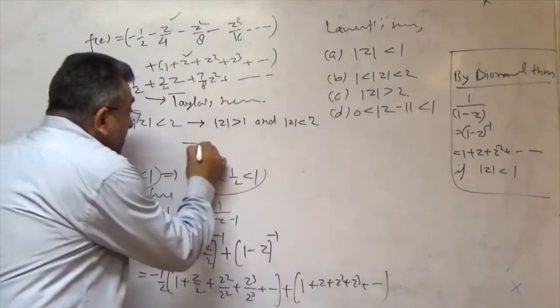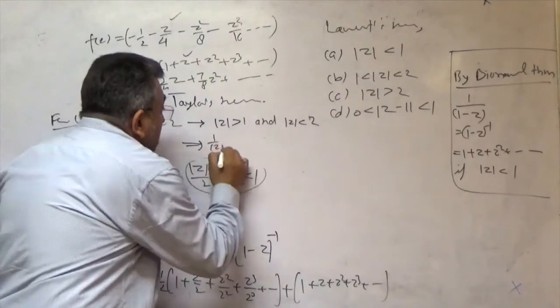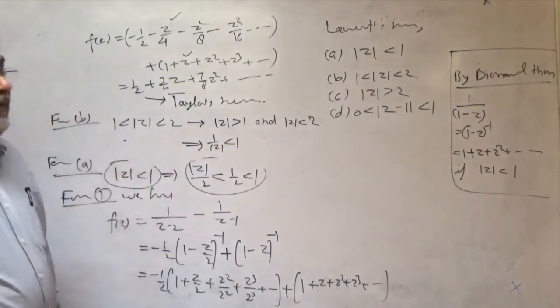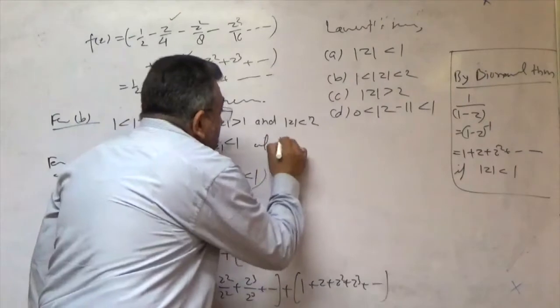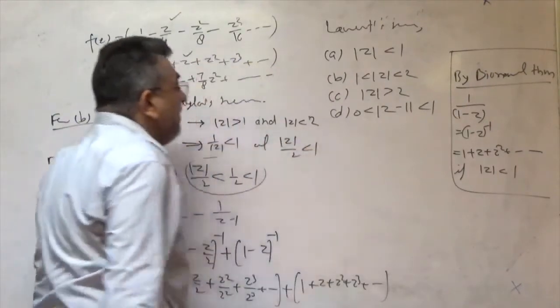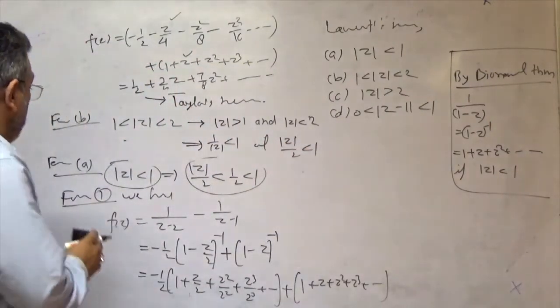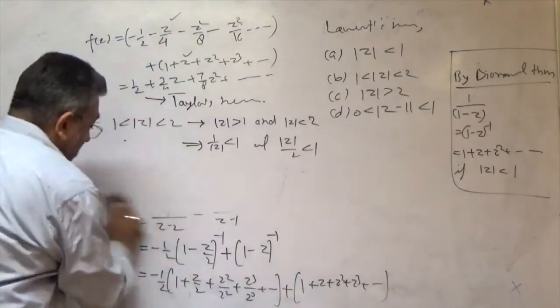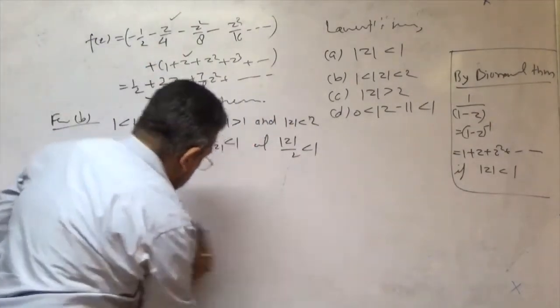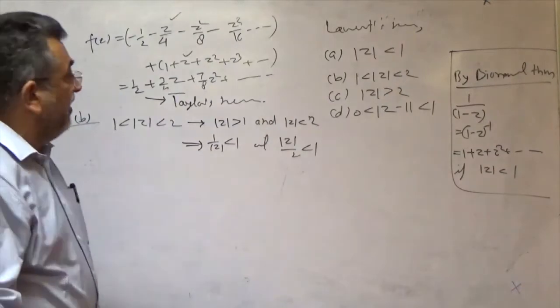So this can be written as 1 by mod z is less than 1. And if we divide by 2, mod z by 2 is less than 1. Now, we have these inequalities under which we have to expand given function.